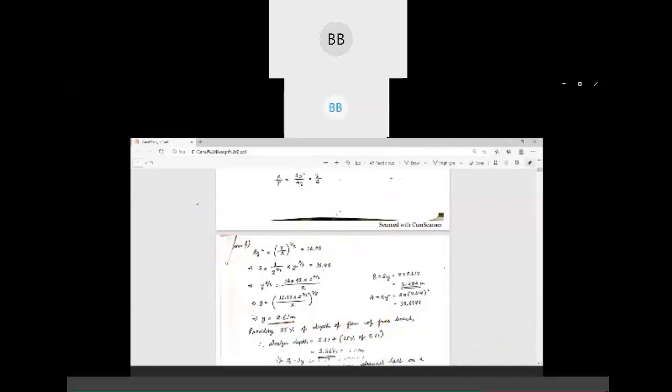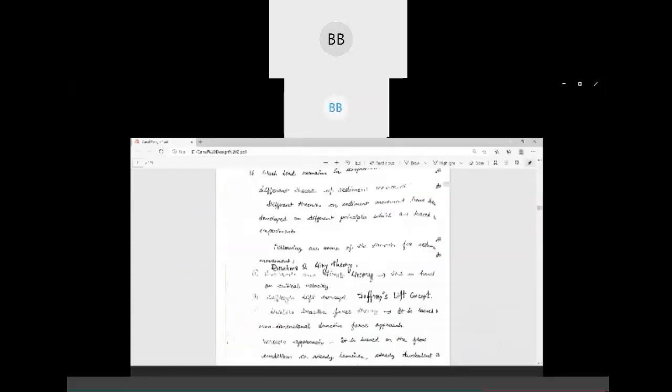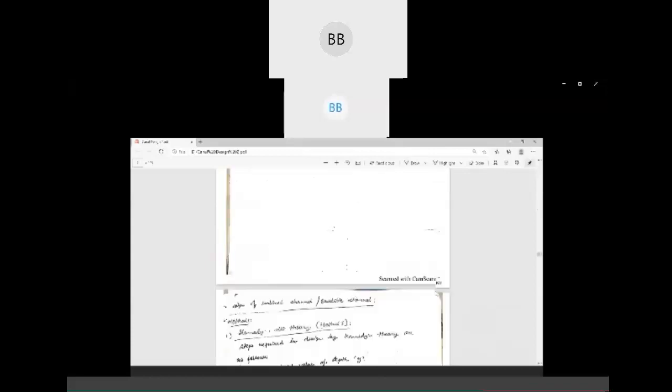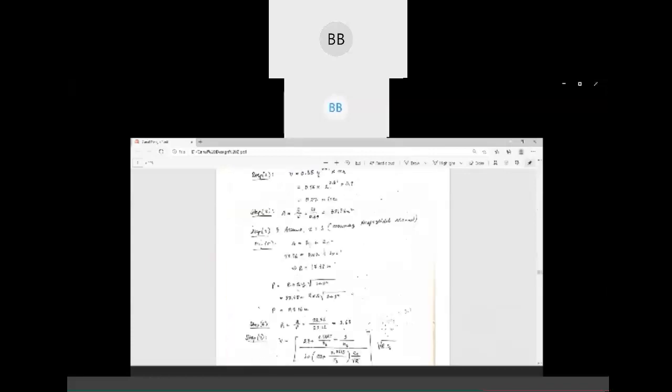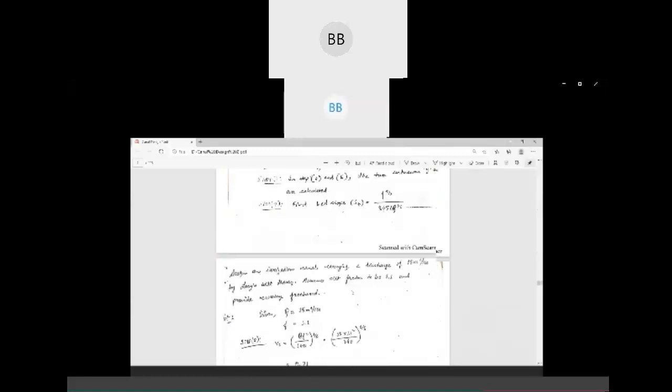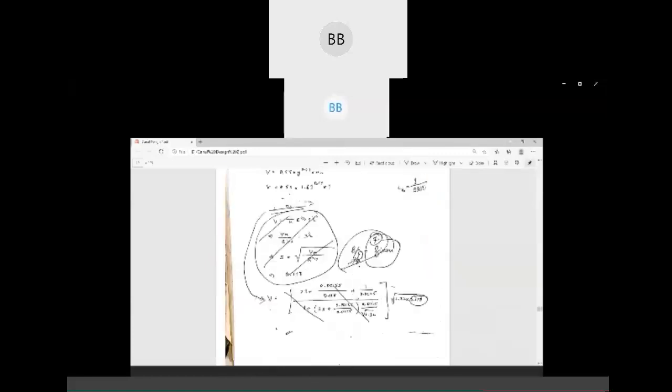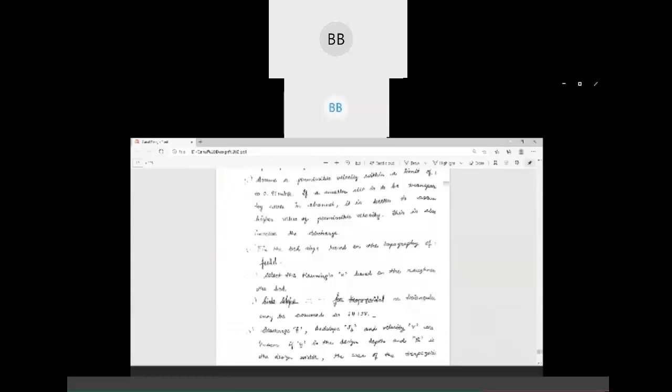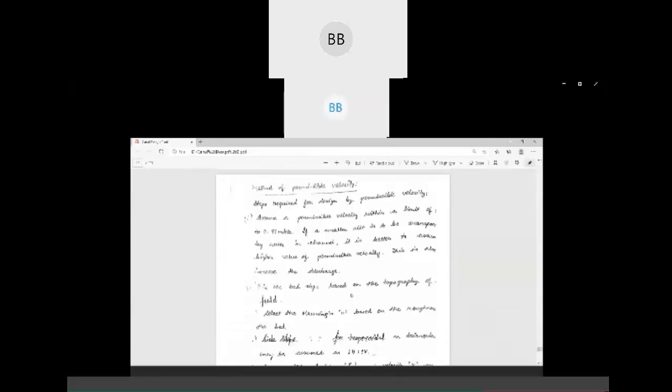Next we have another method that is called the method of permissible velocity. First we discuss the steps and then we will move on to the numericals. It's very simple.